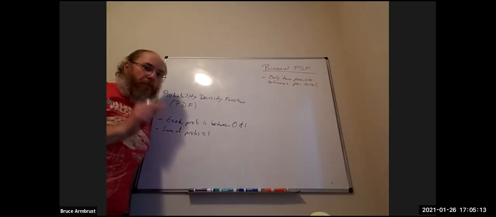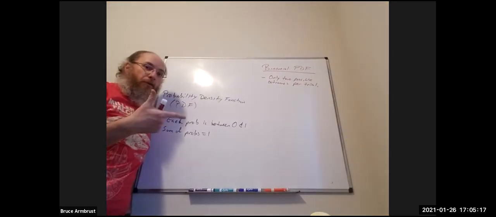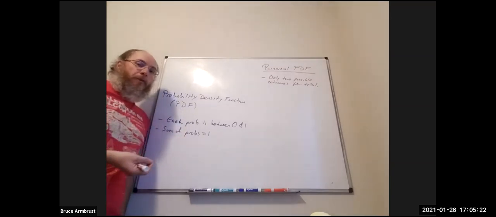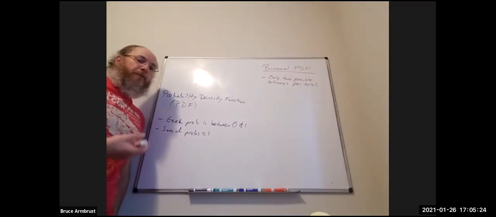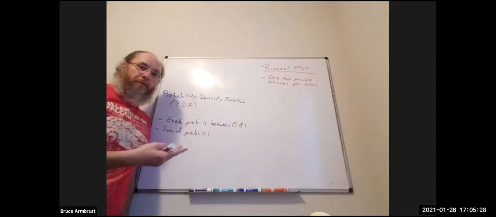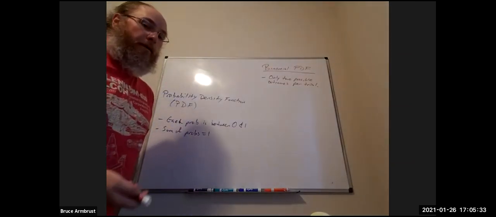There are only two possible responses: yes or no. So a binomial distribution comes from something where there are only two possible outcomes. Okay, that's the first thing that's important here.